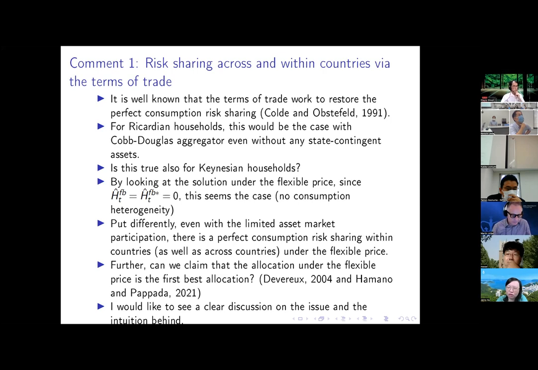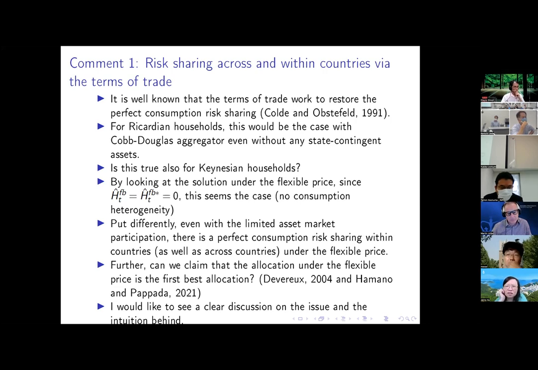When we have log utility and a Cobb-Douglas elasticity between the home and foreign household, in the closed economy case we actually are going to have perfect risk sharing. We don't need to assume that there's some state contingent asset market.